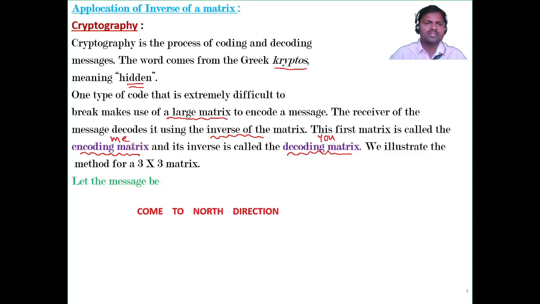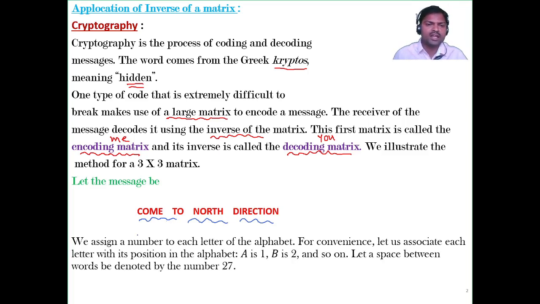Let the message be: come to north direction. I want to deliver this message, but I should not send it directly, otherwise everyone knows it. Instead of the words, I need to send numbers. But how to convert this into numbers such that there is no chance for a third person to know? We assign a number to each letter of the alphabet.